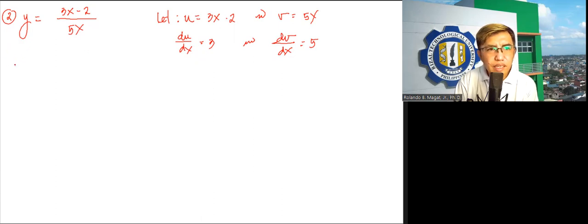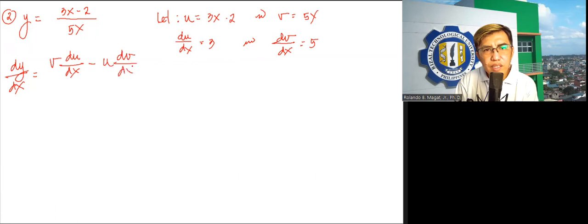Okay. So that dy over dx is equal to, ano yung formula natin? We have v du over dx minus u dv over dx all over v squared. Okay? Applying that formula, ano yung v natin? 5x. Okay? We have here 5x times, ang du over dx natin ay 3 minus, ang u natin ay 3x minus 2, gaya dito ng bracket.